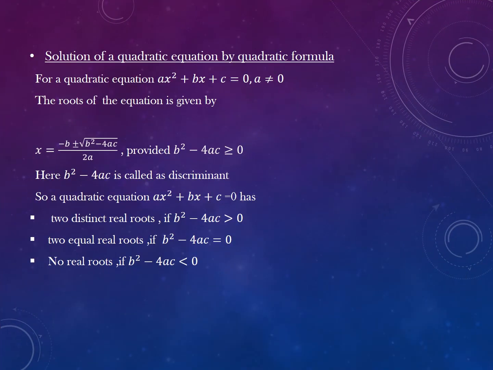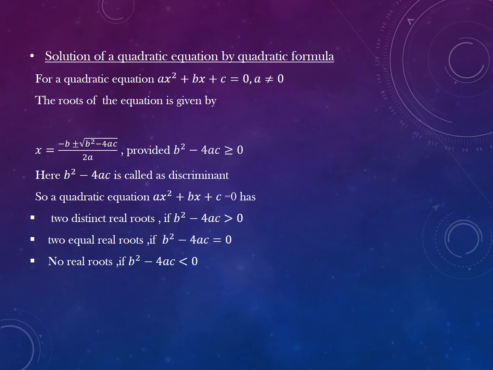Now we move on to the third method, that is solving a quadratic equation by quadratic formula. For a quadratic equation ax² + bx + c = 0 where a ≠ 0, the roots of the equation are given by x = (-b ± √(b² - 4ac))/2a, provided b² - 4ac is greater than or equal to 0.